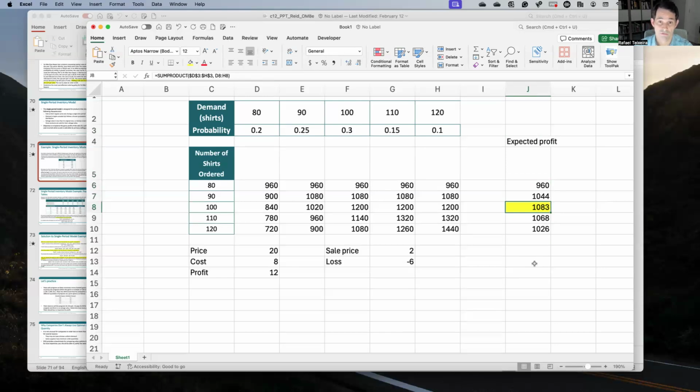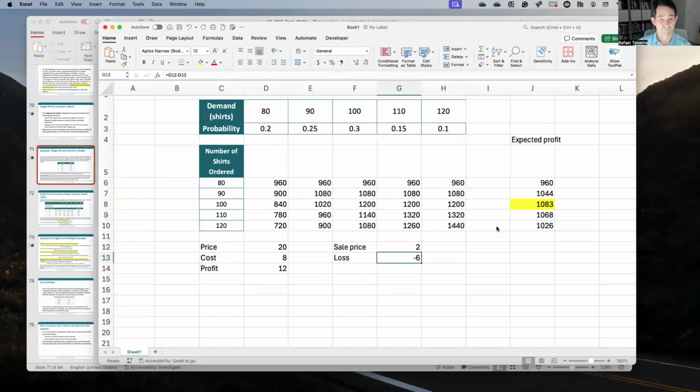That's how we try to minimize the mistakes of ordering and having losses. Okay, so the number of shirts that Rick should order in order to maximize the expected profit is 100 shirts, considering this cost, this sales price and loss. Okay, so that's how we do it.